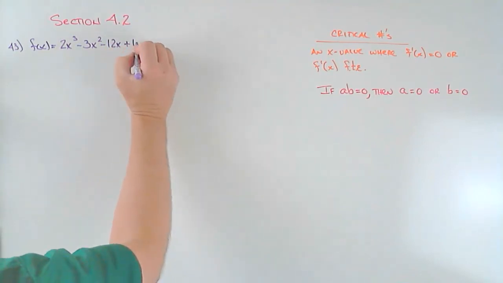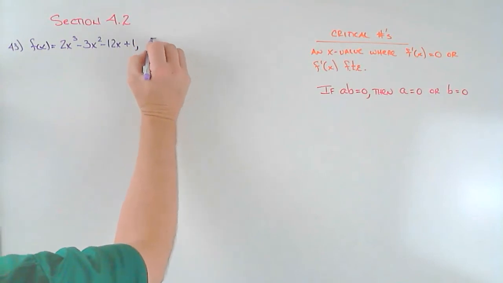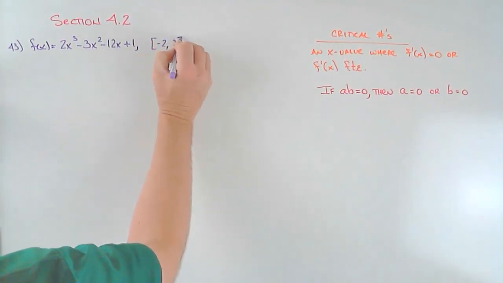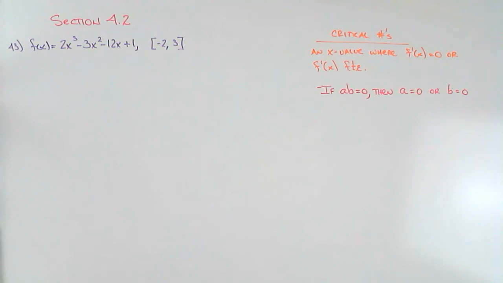And they give us a closed interval, and our closed interval is from negative 2 to 3. And again, the instructions say find the absolute max and absolute min on this interval.